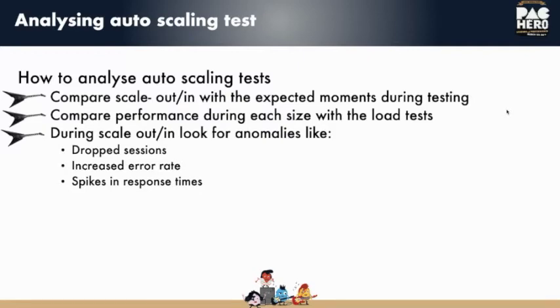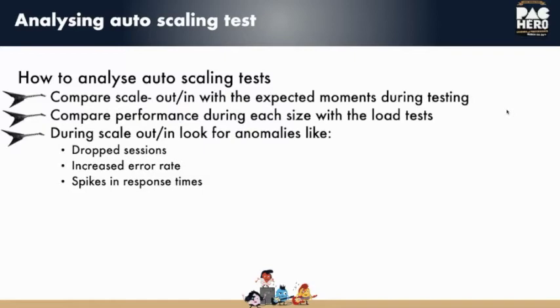And during scaling, look for anomalies like dropped sessions or increased error rate and even spikes in response times. Because when a server is scaling up, so there's an extra machine or computing power added to your infrastructure, most of the time what I've seen is that it increases response time for a small amount of time, and then it starts decreasing.